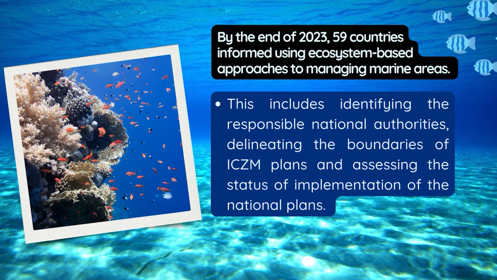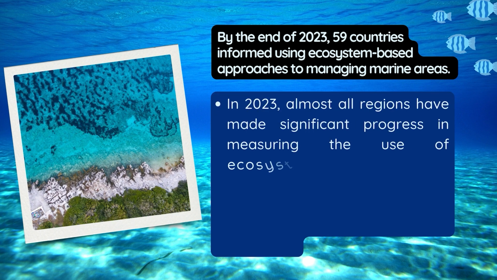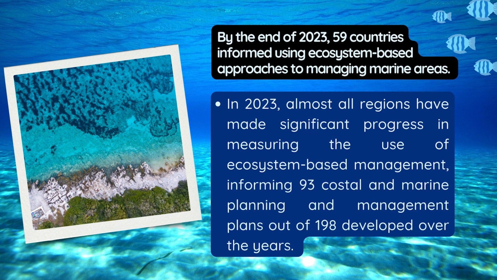That includes the responsible national authorities delineating the boundaries of integrated coastal zone management plans and assessing the status of implementation of the national plans. So almost all the regions of the world have made significant progress in measuring the use of ecosystem-based management, and 93 countries informed that coastal and marine planning and management plans are progressing very well, out of 198.